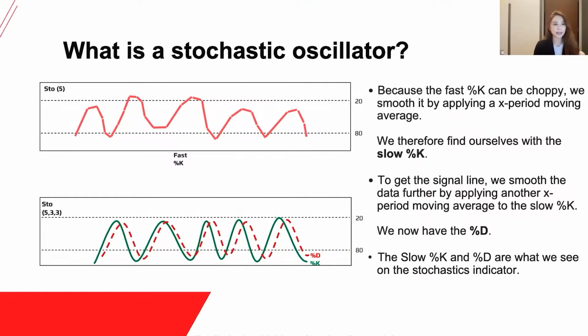Because the fast percentage K can be choppy, we will be smoothing it by applying an X period moving average, therefore finding ourselves with a slow percentage K. Then to get the signal line, we smooth the data further by applying another X period moving average to slow percentage K, and now we have percentage D. So in whole stochastics, we will be seeing two visible lines, which are the slow percentage K and the slow percentage D, which we see right here in the figure. You can see the green wavy lines are your percentage K, and our dotted lines are our percentage D.